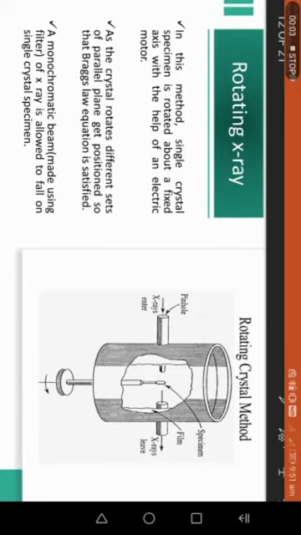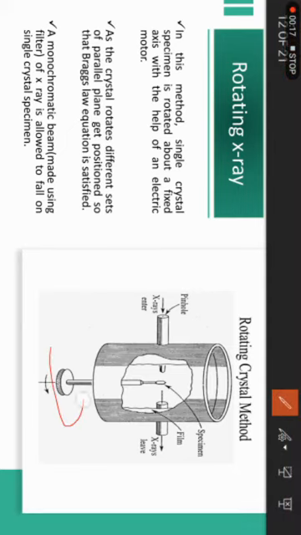Now we have another diffraction technique, which is the rotating crystal X-ray method. In this method, a single crystal specimen is rotated about a fixed axis with the help of an electric motor. As you can see, this is the shaft which is rotating, and this is the specimen kept here.